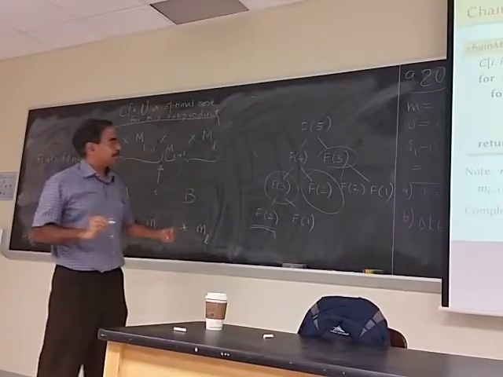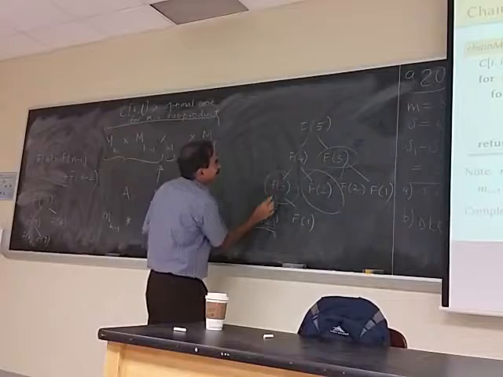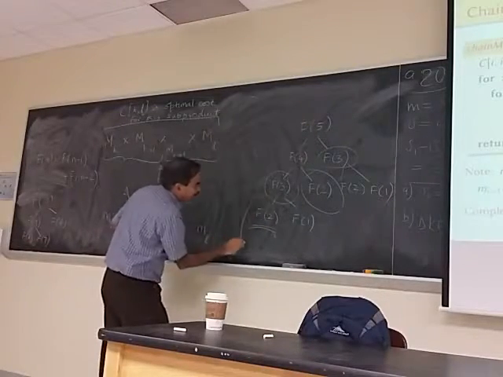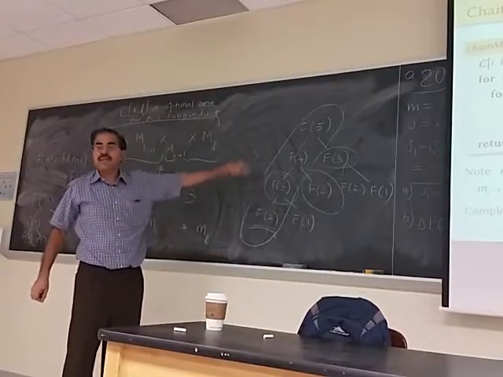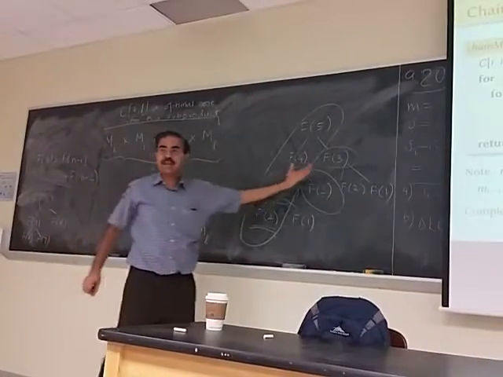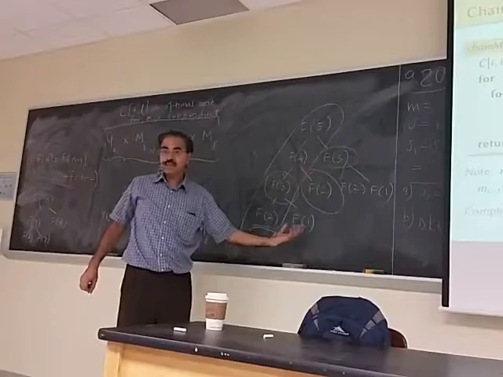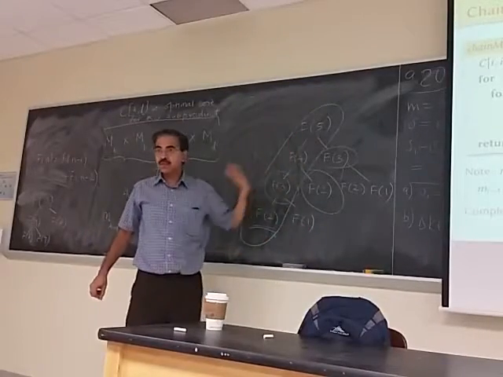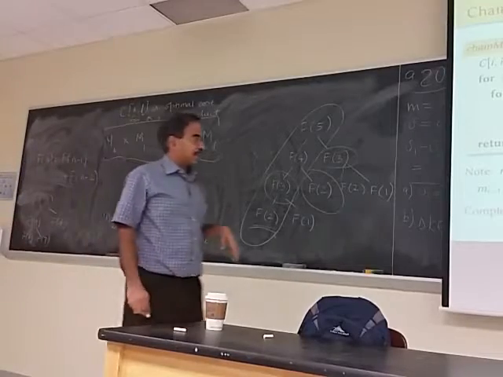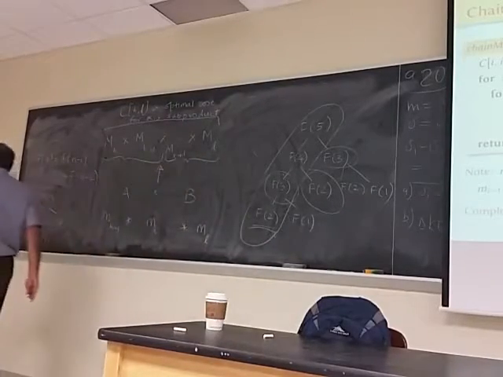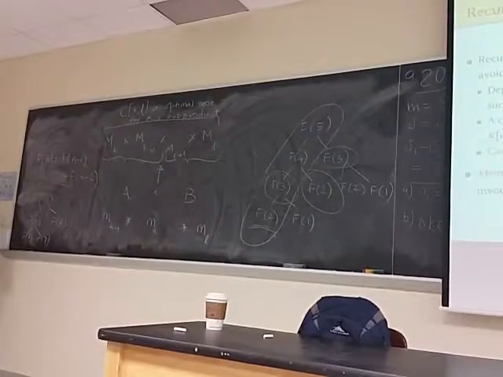And once you avoid recomputation, evaluation will only proceed on this left spine of the tree. The rest of the tree will never even be constructed. Therefore, you will have a linear time solution, even though you are not explicitly making it an iterative algorithm. And so this technique is called memoization.